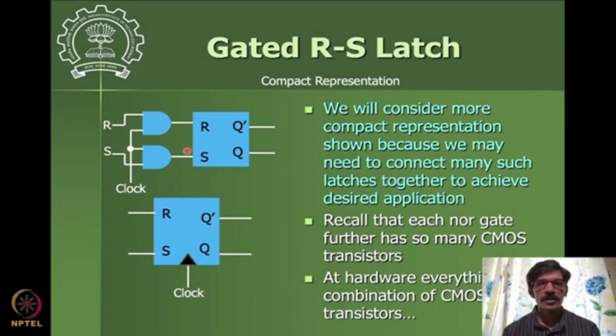Why is this introduced? There are so many transistors now. Even this RS flip-flop itself, if you go to the circuit level, will have so many CMOS transistors working, and we want the changes in state from one RS flip-flop to the next to happen in a controlled manner.